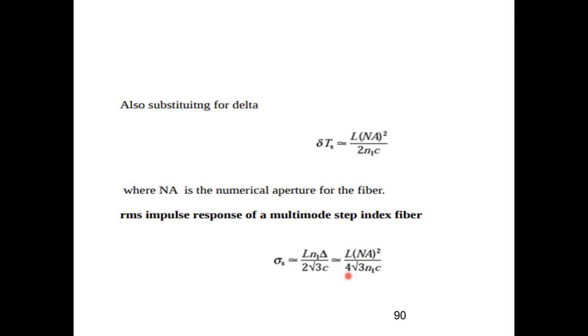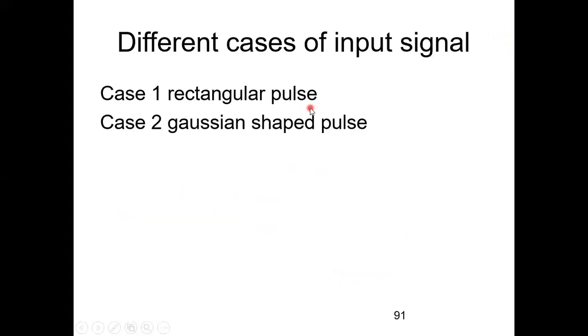Now see, when I am talking of pulse broadening, I'll go to the next slide. So pulse broadening will depend upon different cases of input signal. I have an optical fiber. One pulse is at the input and the other pulse is at the output, and there is widening or broadening of the pulse that takes place.